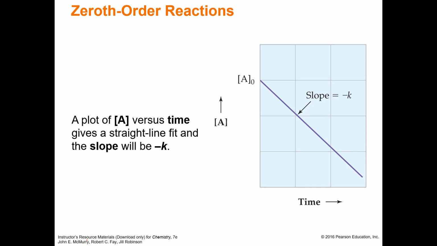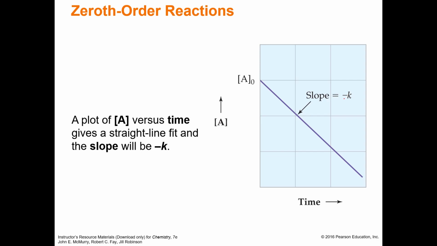Now, what if we have a 0th order reaction, which means that the rate is not dependent on the concentration of that particular reactant? So if we plot the concentration of our reactant on the y-axis and time on the x-axis, for a 0th order reaction, the slope is equal to the negative of the constant.